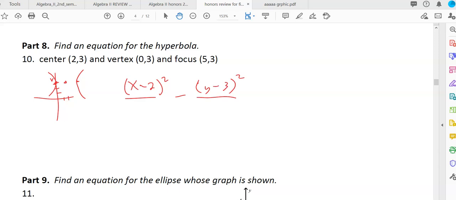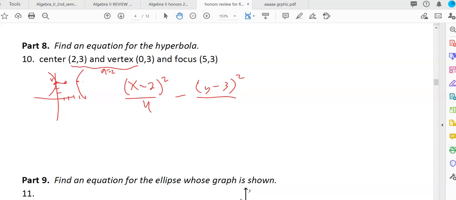From the vertex to the center is a distance of 2, so a equals 2, so that would be 4 here. And then the focus to the center, that's 5, 3, so that's a distance of 3 units away from 2, 3.